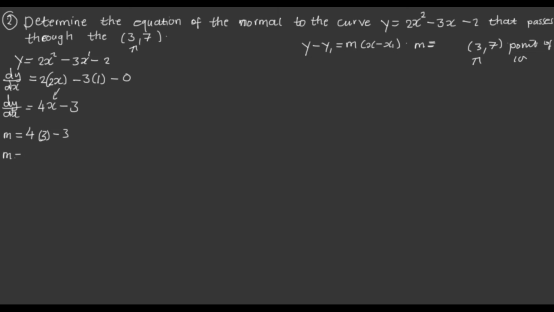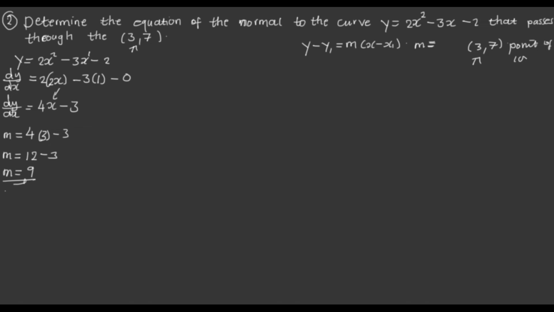So the gradient is equal to 4 times 3, 12, minus 3. 12 minus 3 is 9. Now remember, this 9 is the gradient of the curve and also the gradient of the tangent at the point of contact, but we are looking for the gradient of the normal.